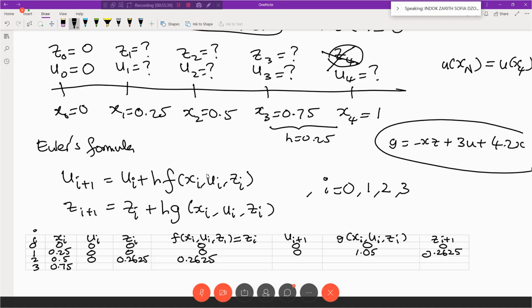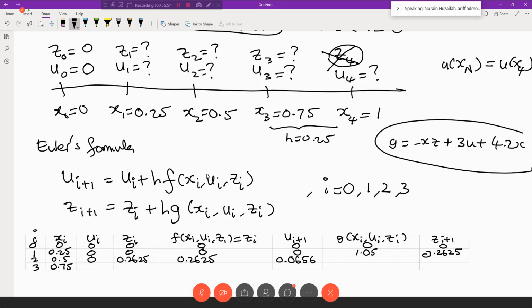So 0.2625 multiply with 0.25, isn't it? What is the answer? 0.0656.